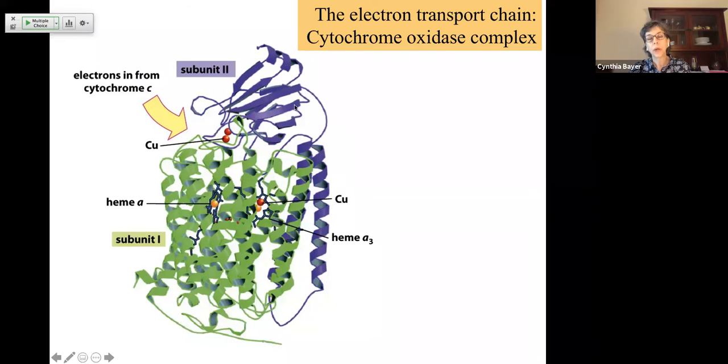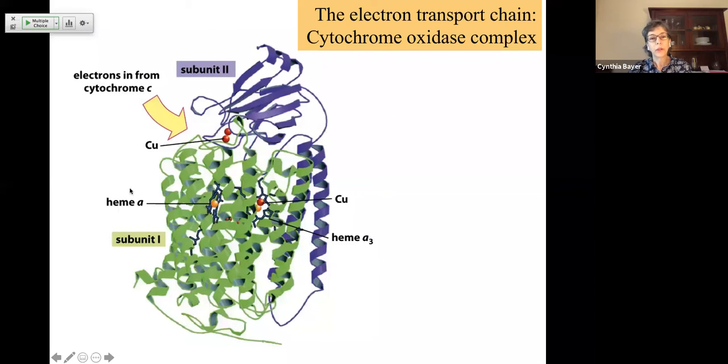So these 2 proteins have been synthesized in the mitochondria and then assemble with other proteins that are transported into the mitochondria that have been synthesized out in the cytoplasm to form just one of these complexes.